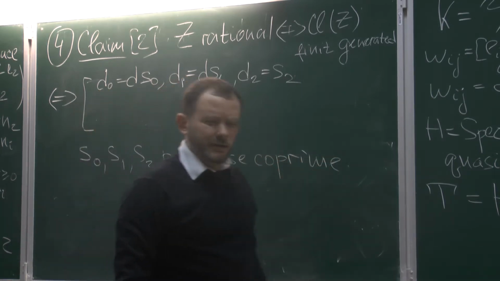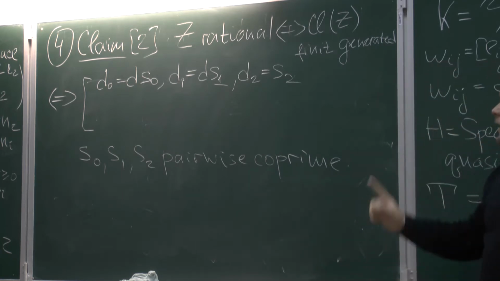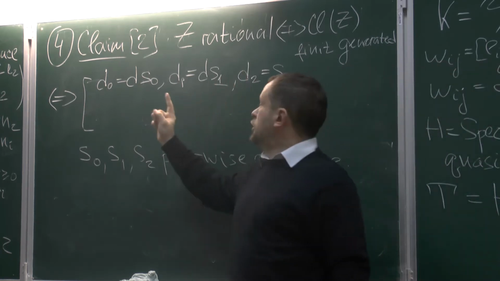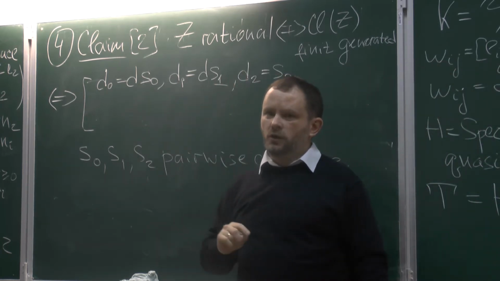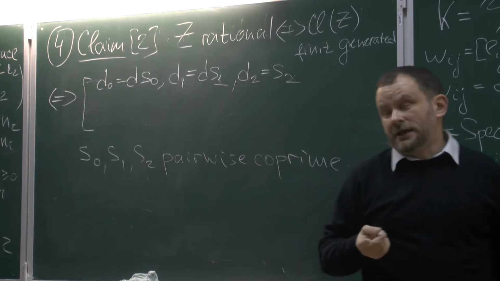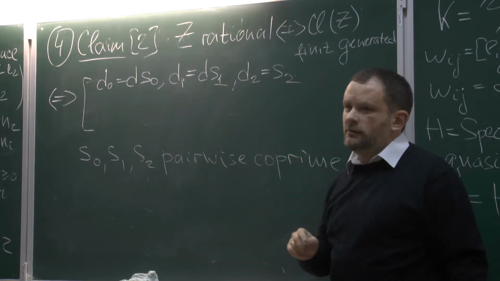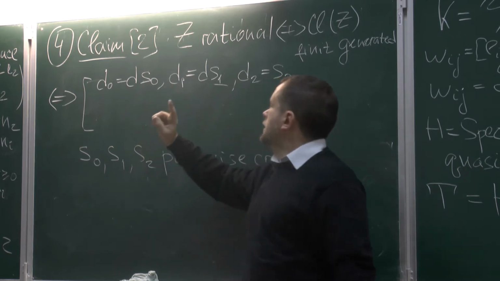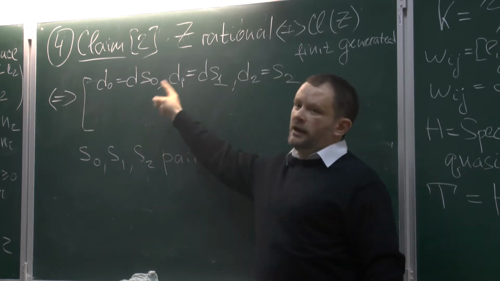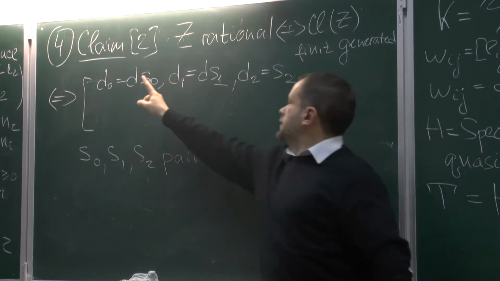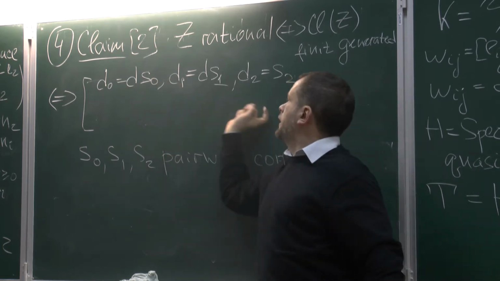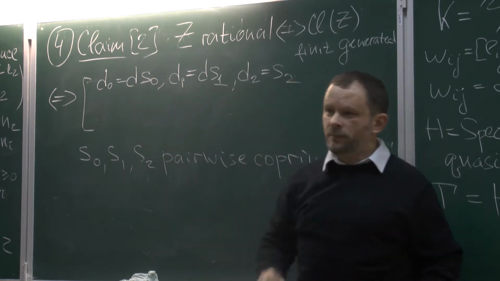So my first condition is that of these numbers, only 2 of them may have non-trivial common divisors. Certainly it's up to the enumeration, this is clear. They are somehow equivalent, but only 2 of them can have common divisors. And this pair and this pair are coprime.